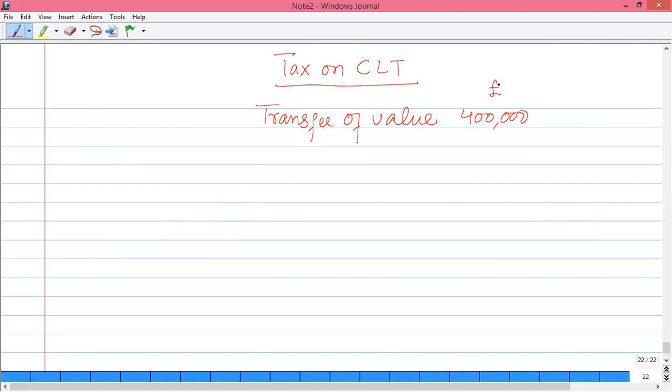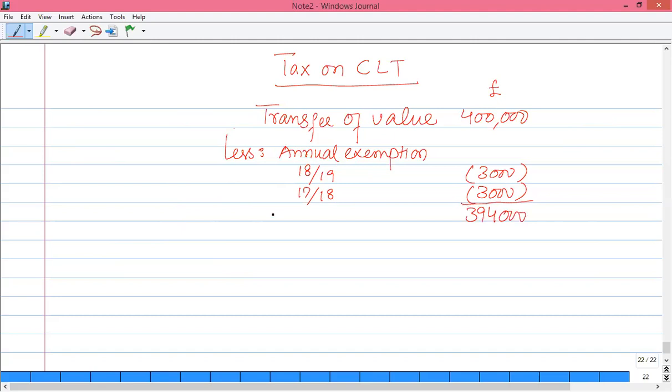Now, from that transfer of value, we will deduct an amount that is called annual exemption. As you know, no other exemption is available. So annual exemption of current year 3,000, and if not used, then annual exemption of the previous year. Now that becomes 394,000, and this is called the chargeable amount.